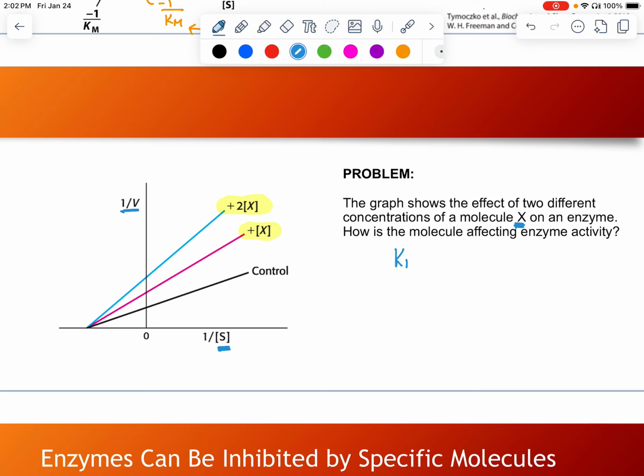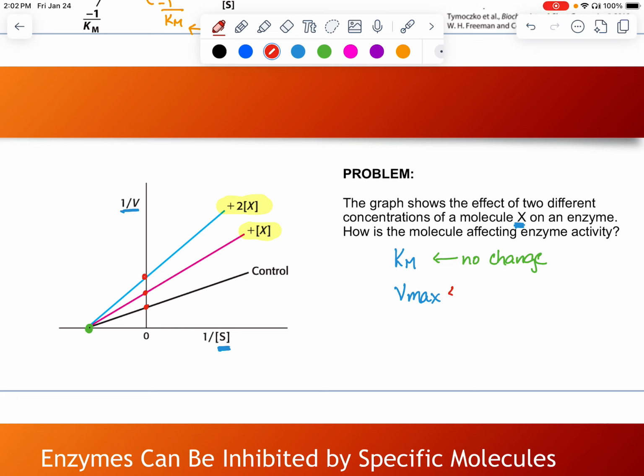So we're going to talk about Michaelis-Menten constant, and we're going to talk about that maximum velocity. Well, when I look at this, I see no change of that x-intercept. So we see no change in that bonding affinity for the enzyme and substrate, forming that enzyme-substrate complex. But I see I have new y-intercepts.